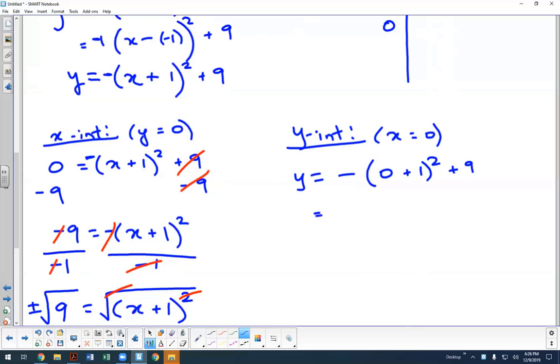So 0 plus 1 will be 1. 1 squared is 1. This negative sign is outside of the square, which means the negative sign will stay. So it just ends up becoming negative 1 plus 9, which will be 8. So our y-intercept is at 0, 8.